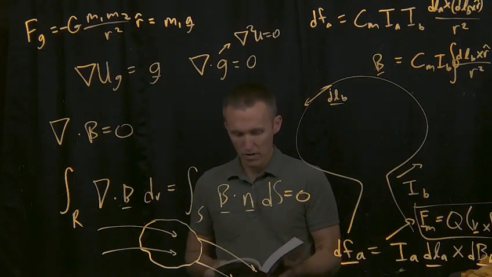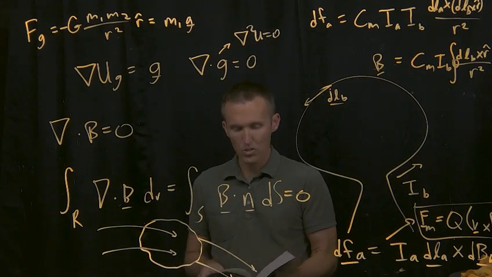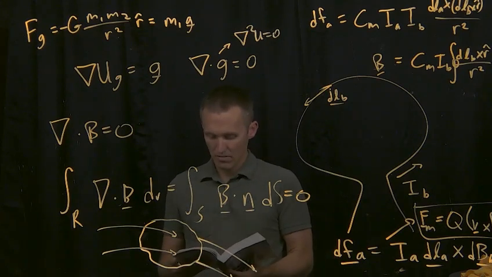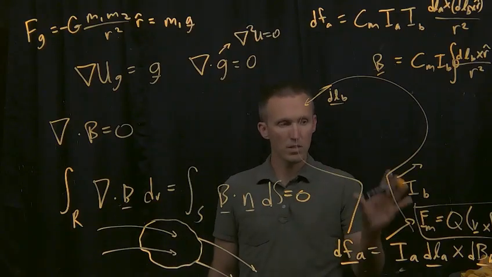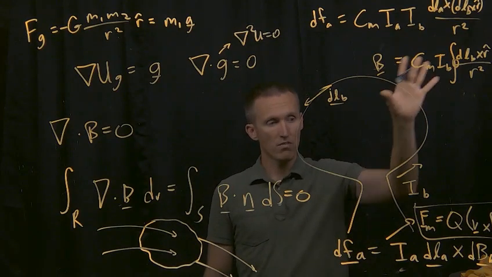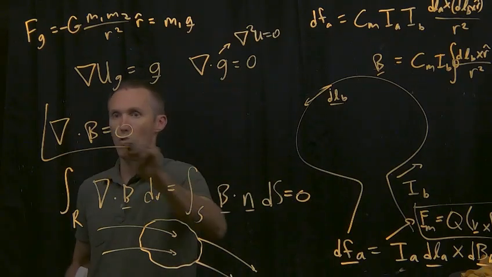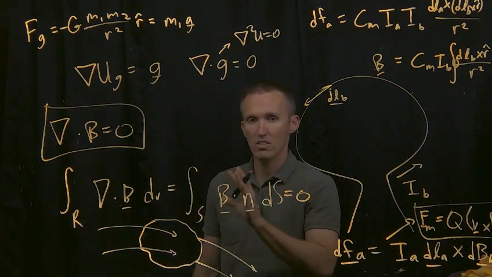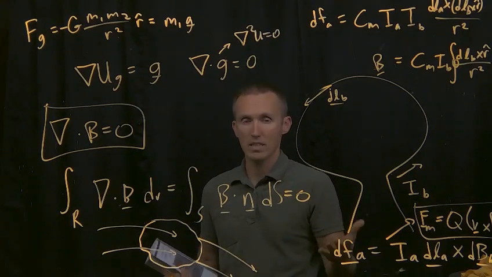Okay, and that's what we're going to talk about in the next video. We'll talk about dipole moments and vector and scalar potentials and things like that. So just setting up some of the machinery here, magnetic forces and fields. The divergence of the magnetic field is always equal to 0, even in the presence of sources. That means you can't have magnetic monopoles.